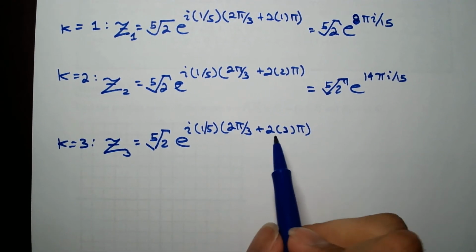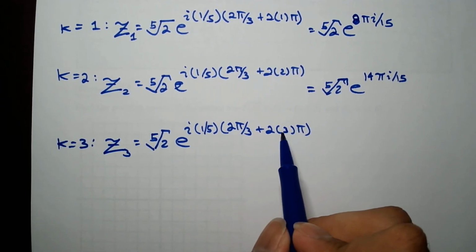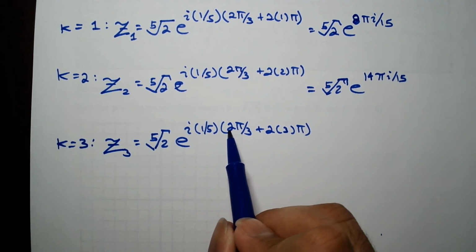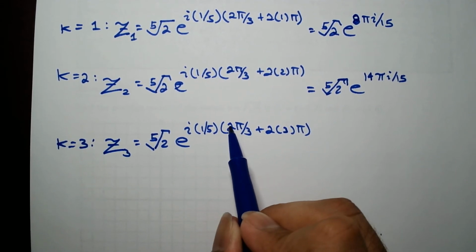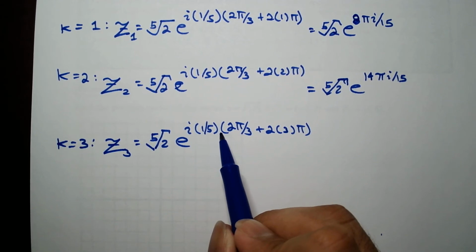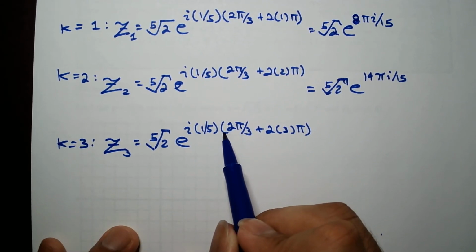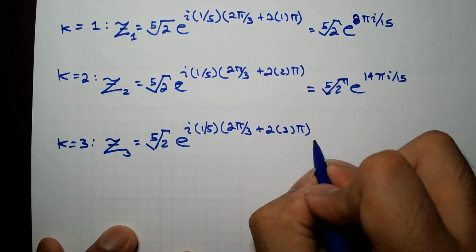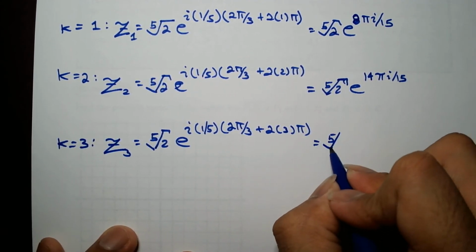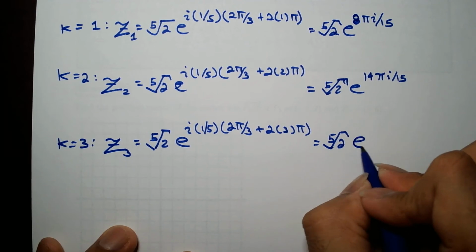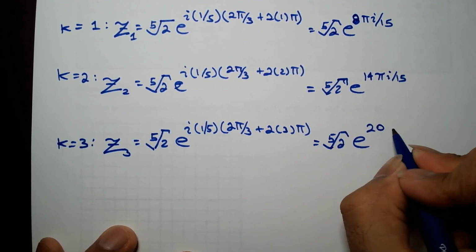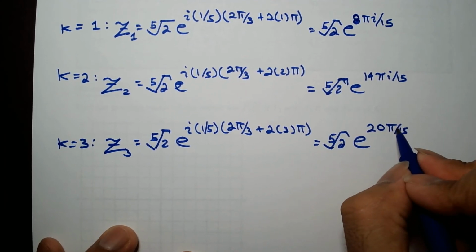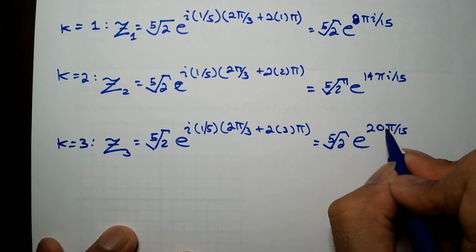Okay, so in this case, what do we have? 2 times 3, that's 6. 6 times 3 is 18. 18 plus 2, that's 20 pi over 3. But 20 pi over 3 times 1/5, this is going to be 20 pi over 15.